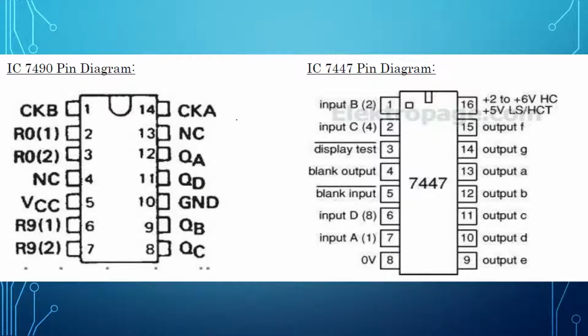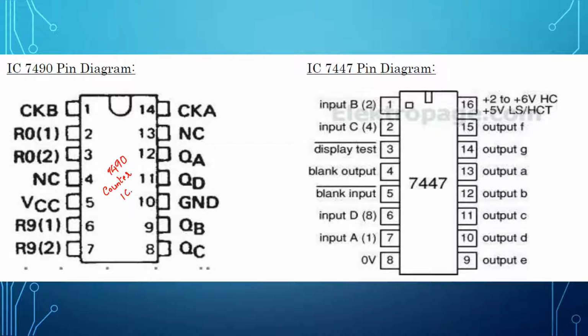Coming to the pin diagrams, as I have been telling in all the video sessions, you need not learn by heart the pin diagrams of any of the ICs. This is your 7490 IC, comparatively a new one for us. You can call this a counter IC.